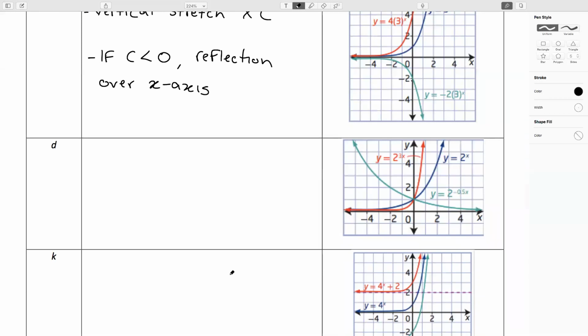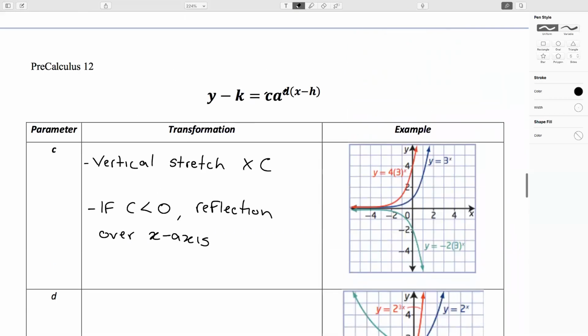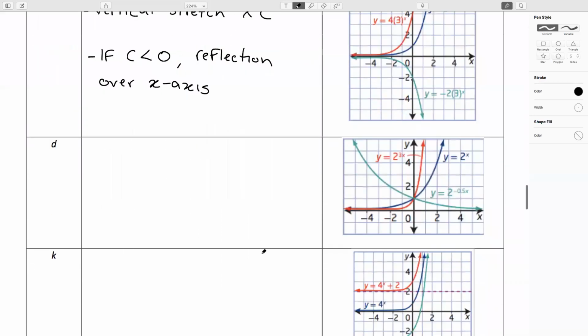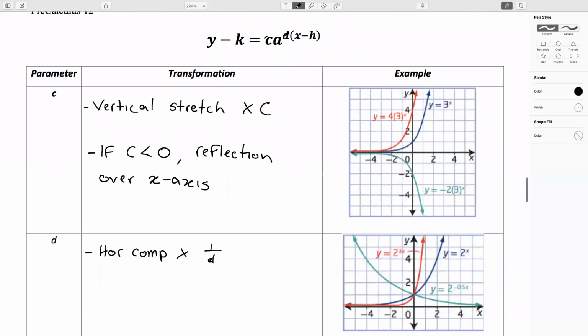If we change d, d is going to be our horizontal compression. So d is a horizontal compression by a factor of 1 over d. What that means is that anything that you put up here, you need to take your x values and divide by that number. So if this is a 2, well, that's going to compress it horizontally by a factor of 2. Divide all your x's by 2.